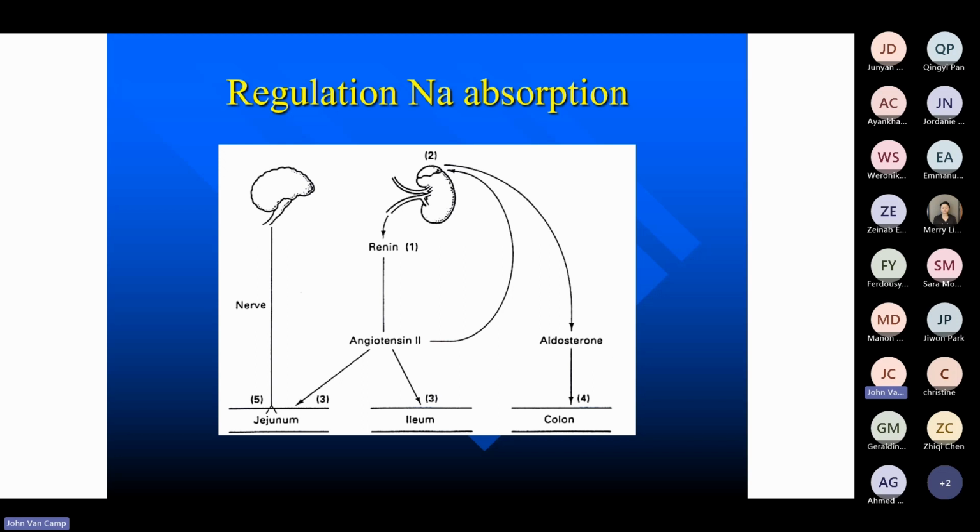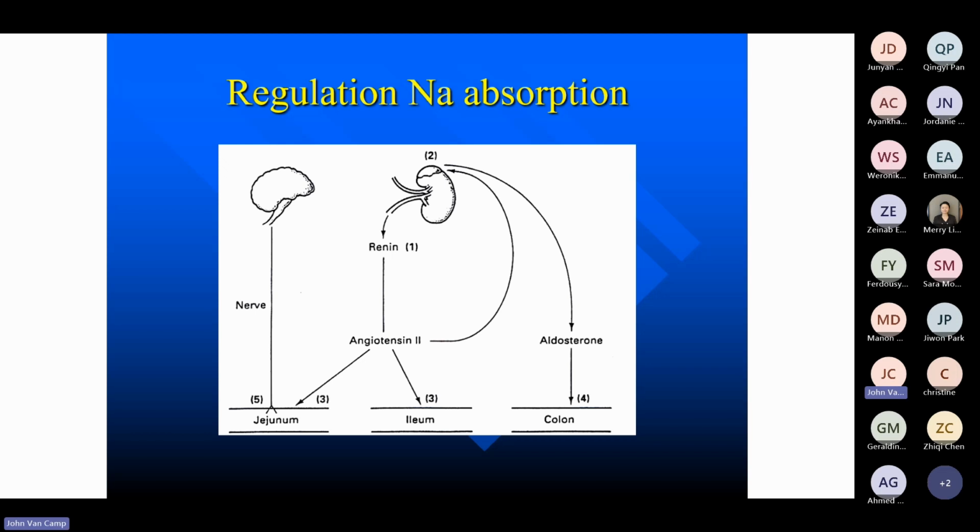So you have a low blood pressure, for example. Renin is released. Renin will lead to the release of angiotensin. This angiotensin will interact with the jejunum and the ileum, which means that you will get more absorption of sodium. Angiotensin 2 can also interact with the kidneys and can lead to the release of aldosterone, a steroid hormone, which goes to the colon and which also leads to more absorption of sodium.